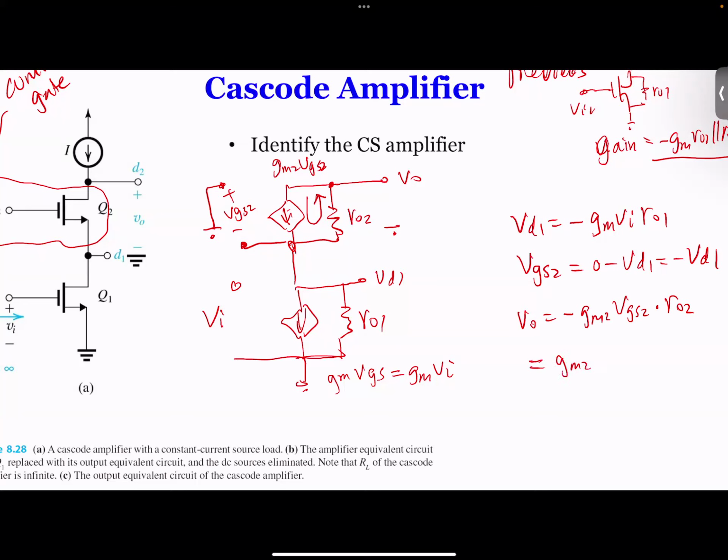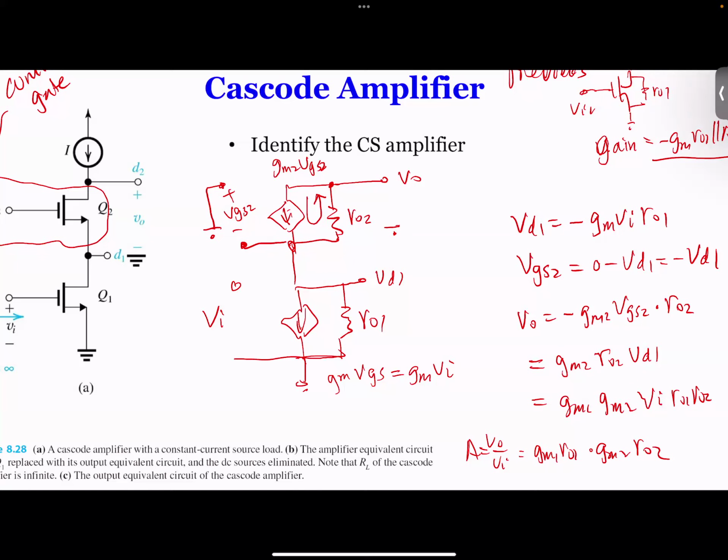It's going to be GM2 times RO2 times VD1. And then it's going to be GM1 times GM2 times VI times RO1 times RO2. So now we got our A equal to VO over VI, equal to GM1 times RO1 times GM2 times RO2.